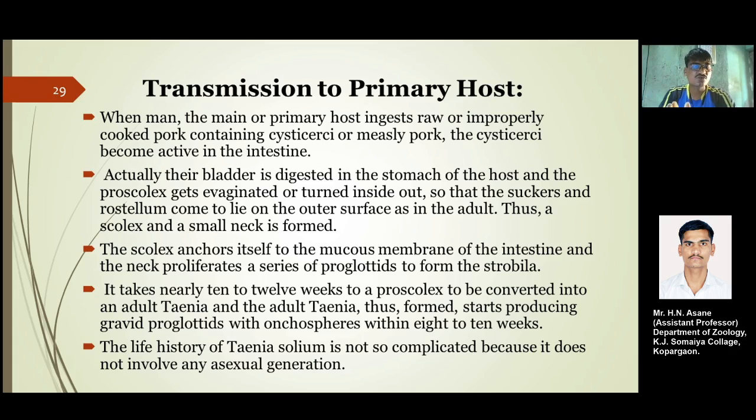Thus a scolex and a small neck are formed. The scolex anchors itself to the mucous membrane of the intestine, and the neck proliferates as a series of proglottids to form the strobila.